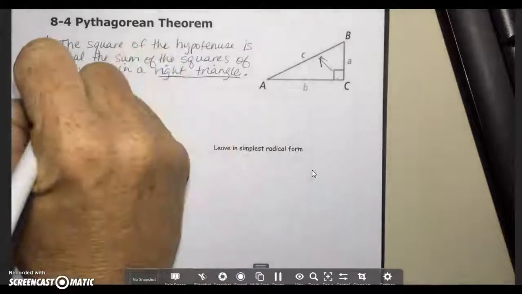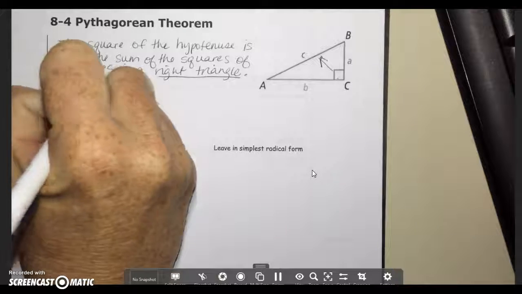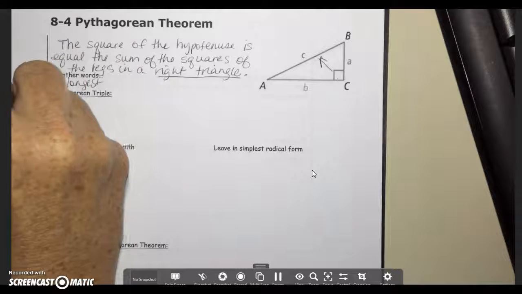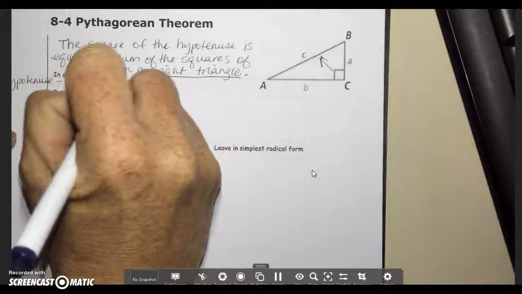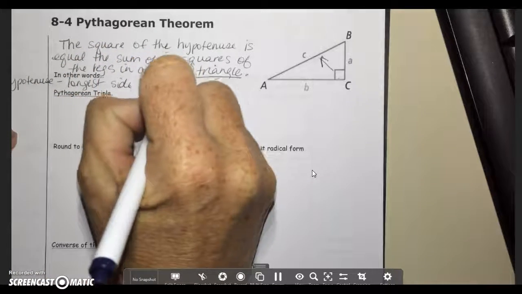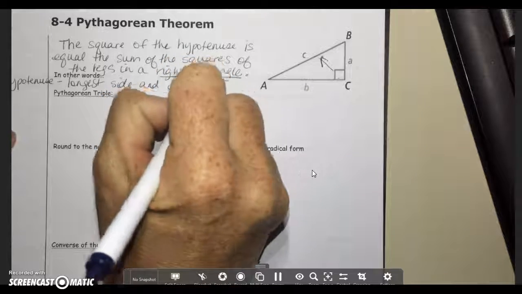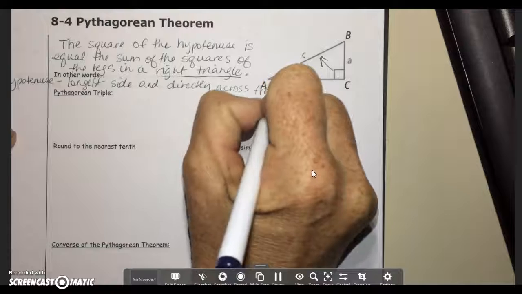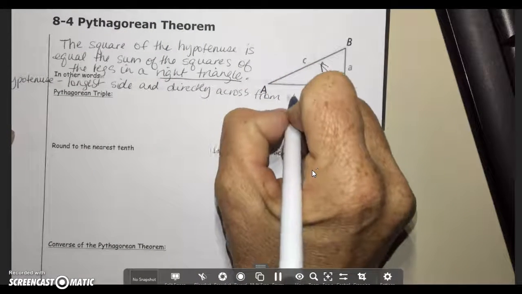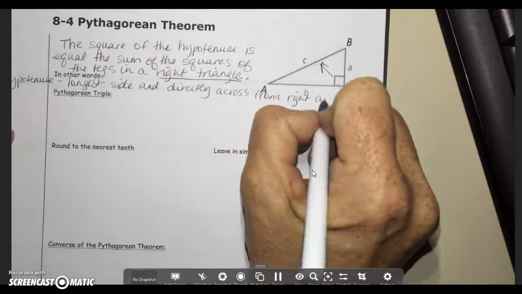So the hypotenuse is the longest side and directly across from the right angle. Always. Okay?